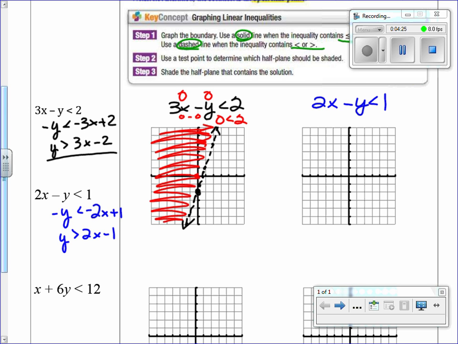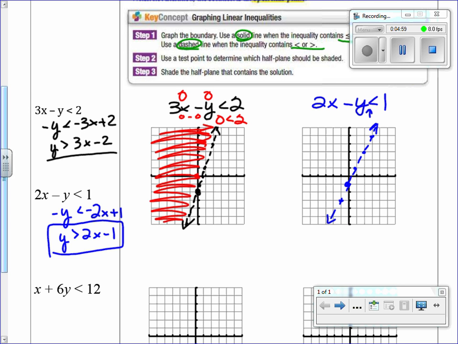Now I'm going to graph it using my slope-intercept form. I have a y-intercept of negative 1 and a slope of 2: up 2 over 1, up 2 over 1, down 2 over 1. I want to connect that with a dashed line because of this inequality symbol.